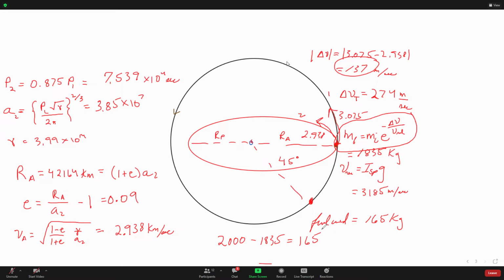So let's see what the next question is. Describe a Hohmann transfer that connects Earth with Saturn. What are the necessary delta V's and how long does the journey take? All right, now we're doing something different. Now we have the sun at the center.